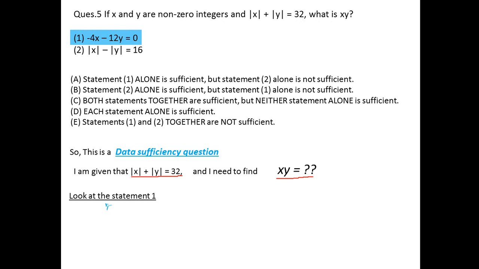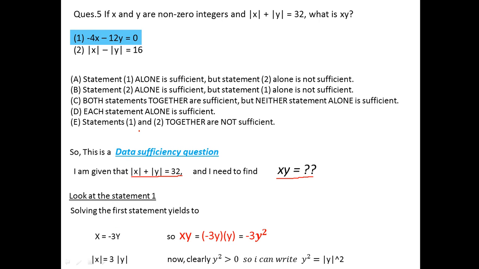Now see statement 1. I am given minus 4x minus 12y is equal to 0.